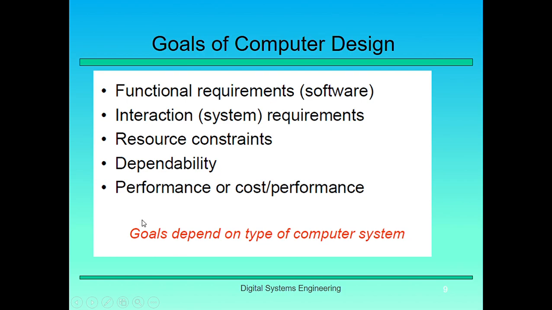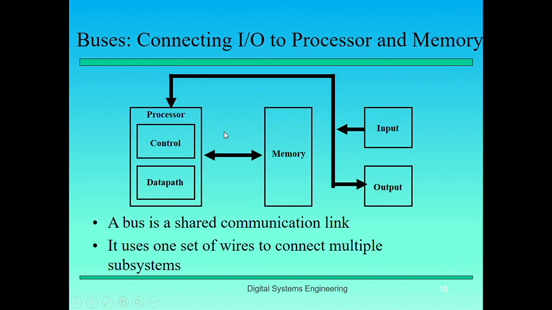The most important goals of computer design are the functional requirements, basically software based, and the interaction requirements, resource constraints, dependability, performance, or cost per performance. So these are the most important goals of computer design.